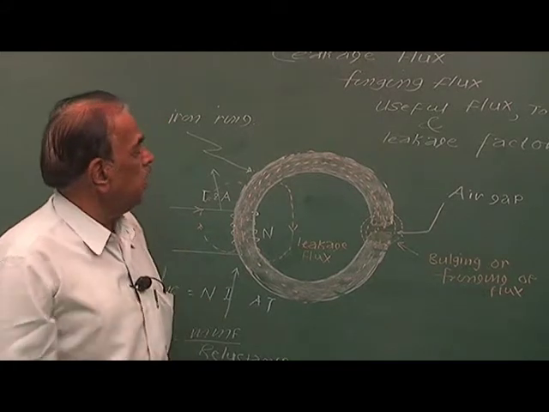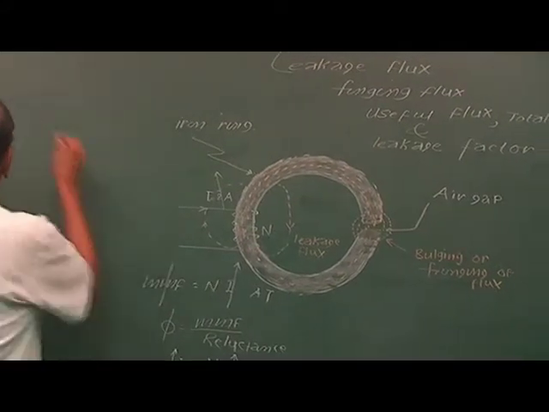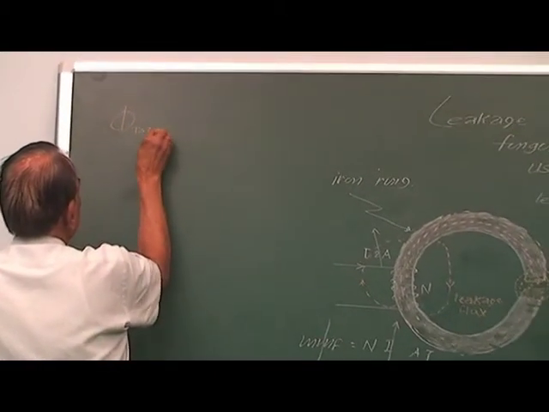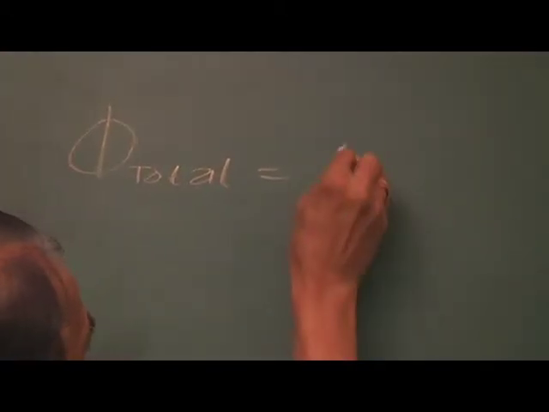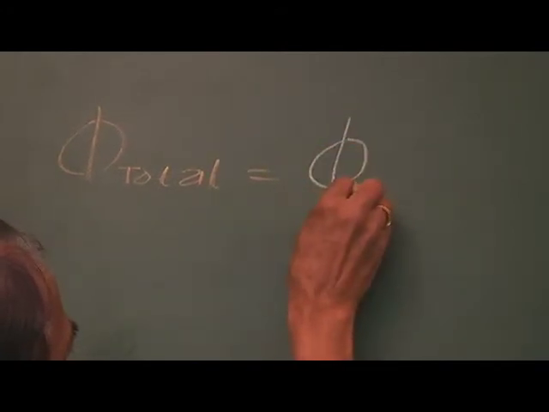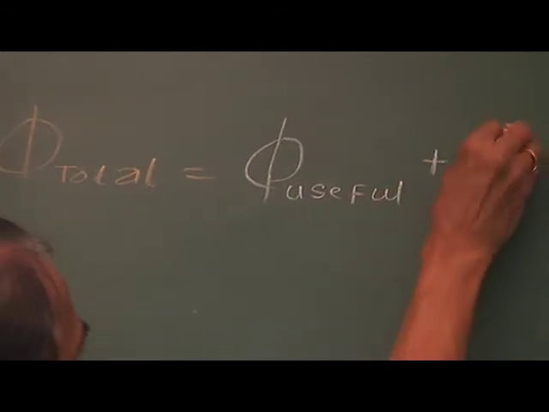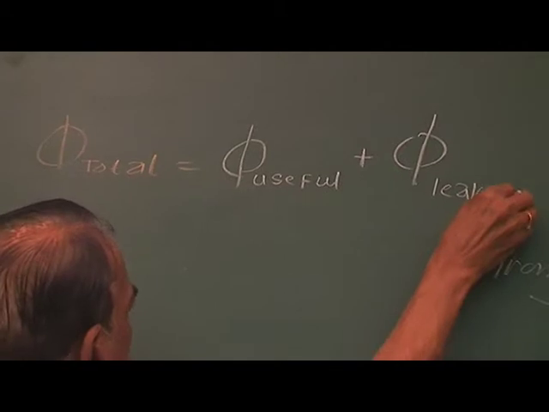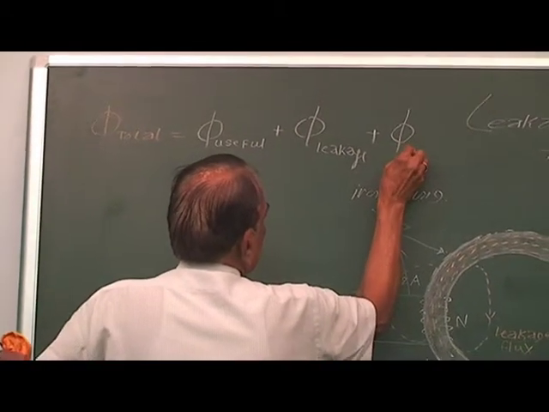And therefore, you can write phi T, phi total, is equal to useful flux, I will write phi useful, plus phi leakage, plus phi bulging, fringing.